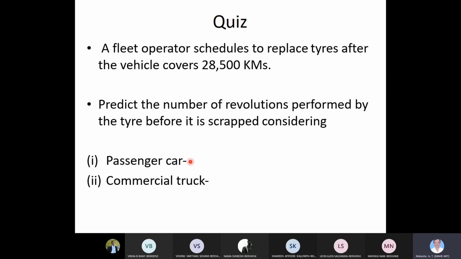Has someone come up with the revolutions for the passenger car of the given tire dimension?